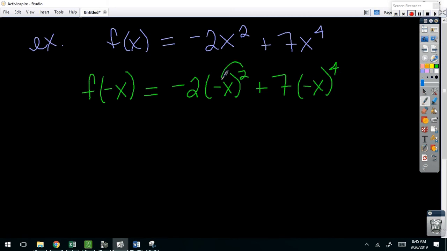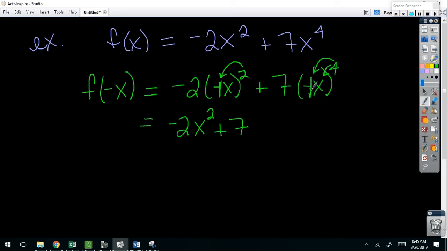Because what happens here, exponent, this is really like negative 1 in front, right? This exponent's coming around. So I get negative 2. Well, what is negative 1 squared? 1. So this becomes negative 2x squared plus the 7 still here. What's negative 1 to the fourth power? Negative 1 times negative 1 is positive 1.